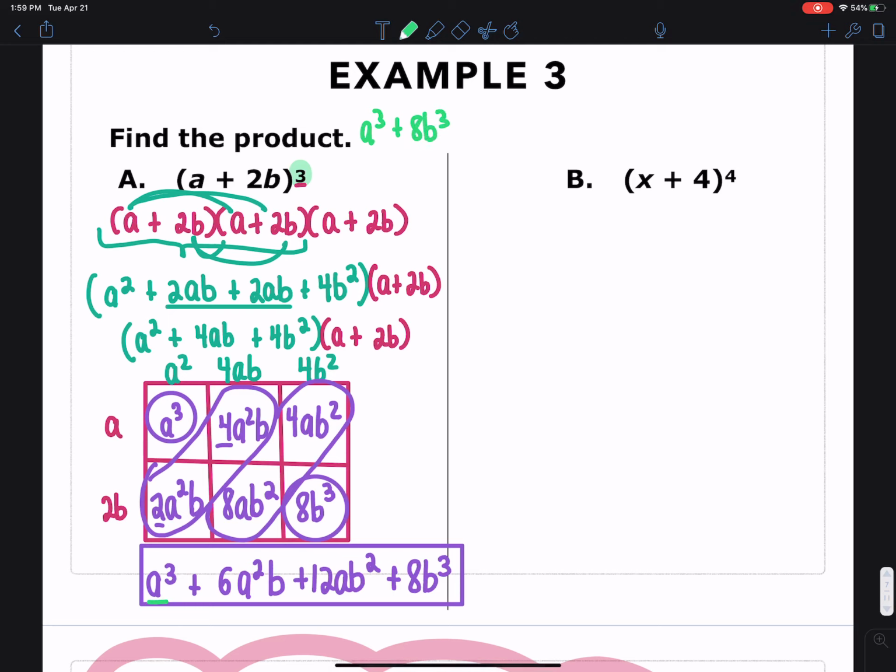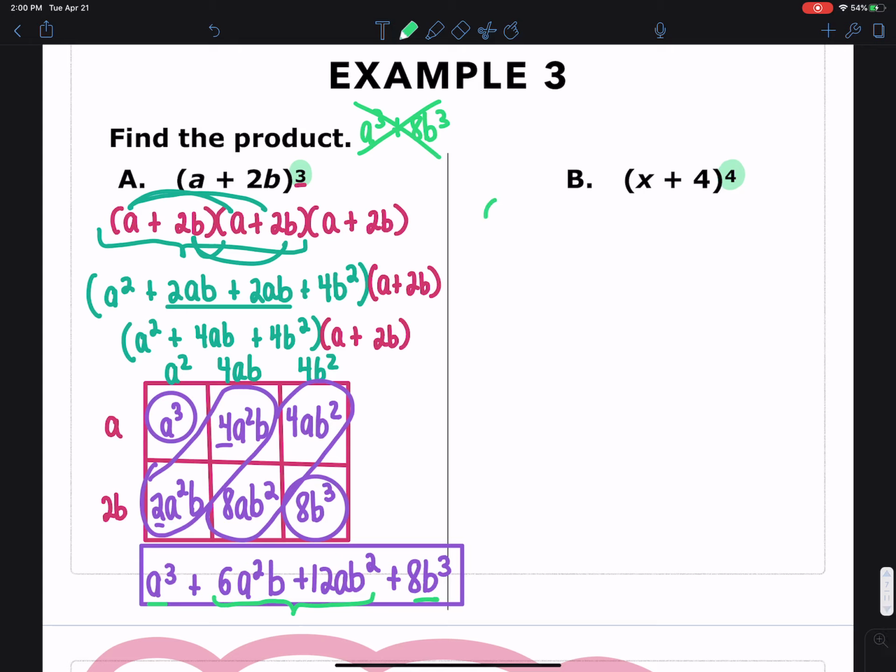That's a part of it, but you're missing this whole middle stuff right here if you don't take the time to multiply it out to come up with the correct answer. So for B, you would think you have the 4th power, so we're going to have to do another step in there, but we can shortcut using the commutative property of multiplication.